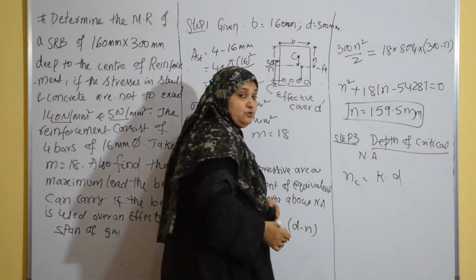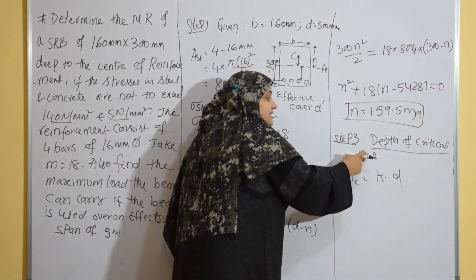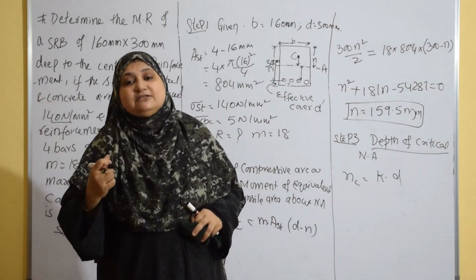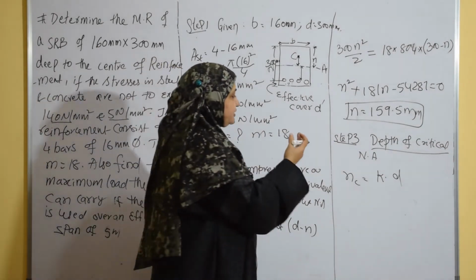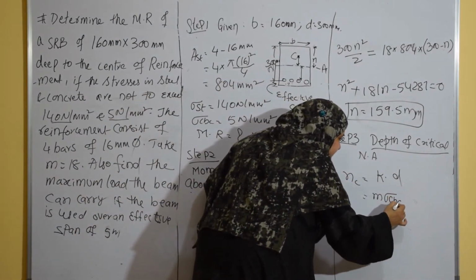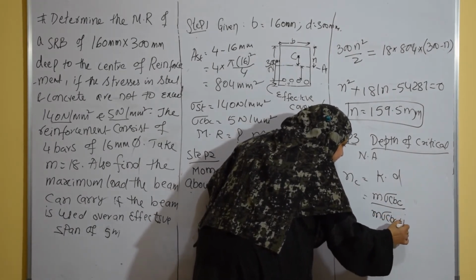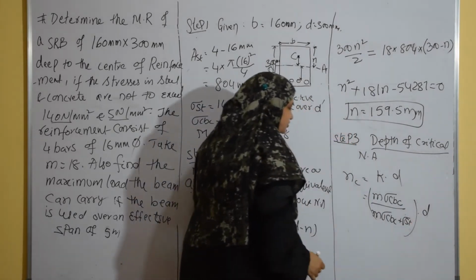Why do we want to determine the depth of critical neutral axis? We have to compare this neutral axis with this neutral axis, and decide whether the given section is under reinforced, over reinforced or balanced. For that we need to find out this one. K is M sigma CBC by M sigma CBC plus sigma ST, into D. So you have all values.